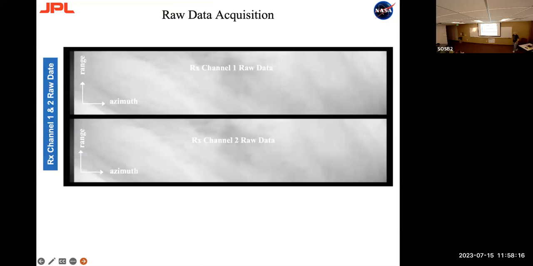Okay, so raw data. When we're going to form a synthetic aperture image, we're going to collect data and we're going to record it. If I look at raw data that's recorded from radar, it looks like noise. It looks like an old TV. You guys don't know what those look like, but an old TV, basically, if the image didn't form right, it would just look like a bunch of brown dots all over the place.